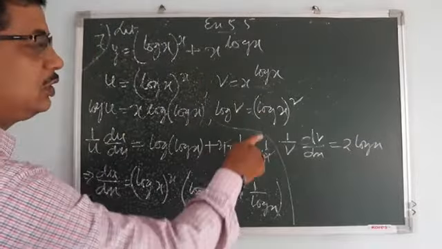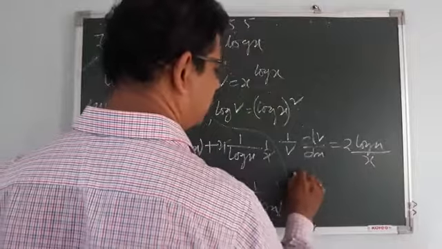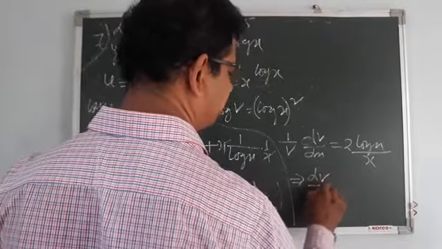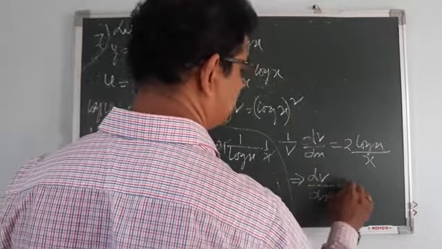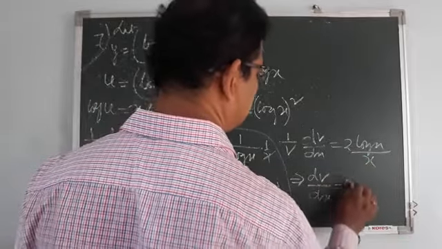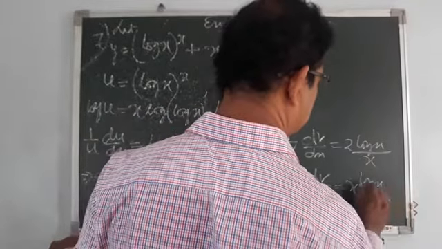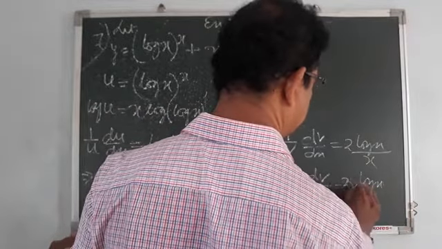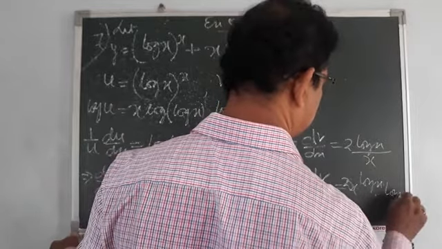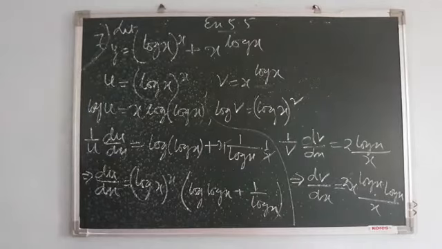Then you have to differentiate log x. If we differentiate, it is 1 by x. So dv dx becomes v into this term, that is x to the power log x into 2 log x by x. This is our dv dx.